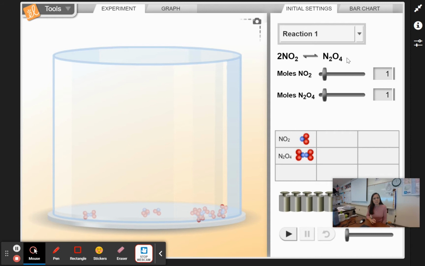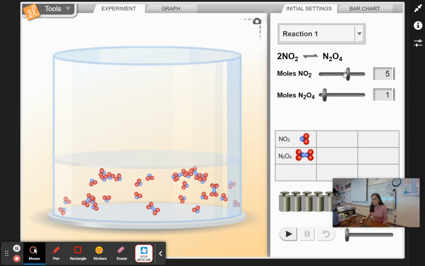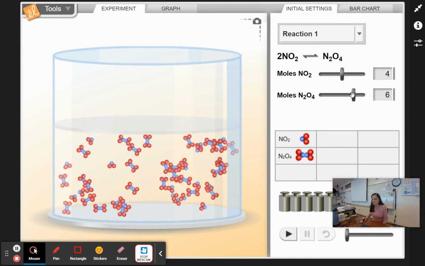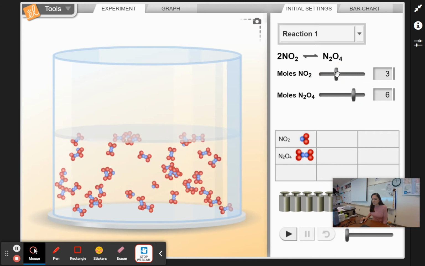I think most of the stuff we're going to do is on reaction 1, but you can play around with the other reactions and see what goes on with them as well. You can use these slider bars right here to manipulate how many moles of each thing you have. So you can change the concentrations, okay?